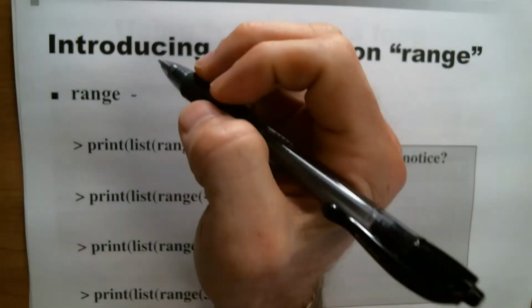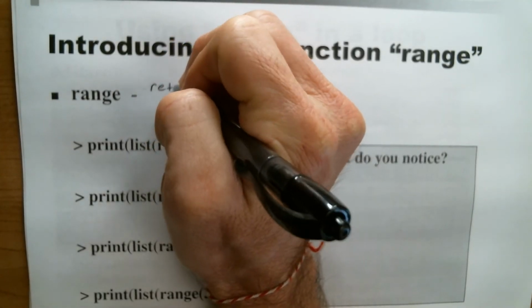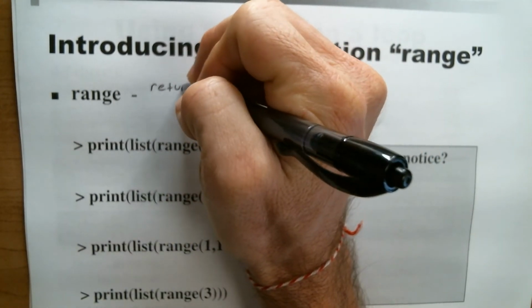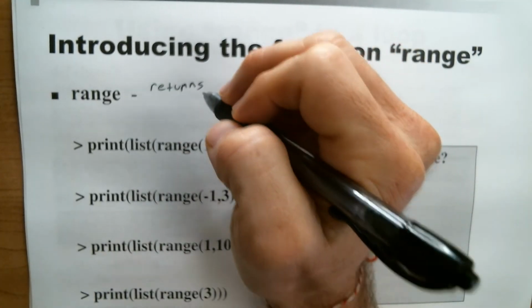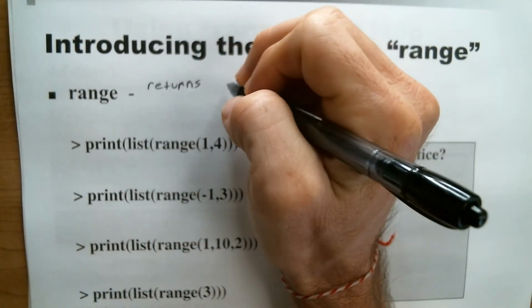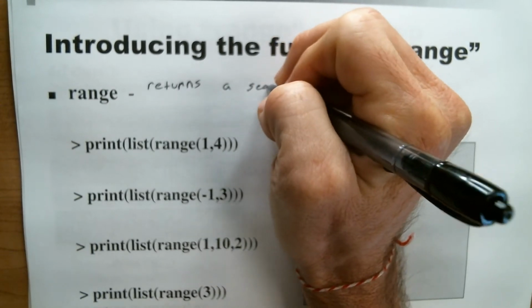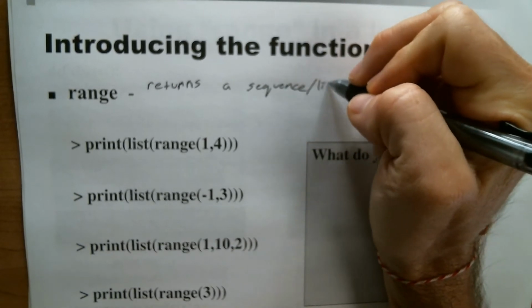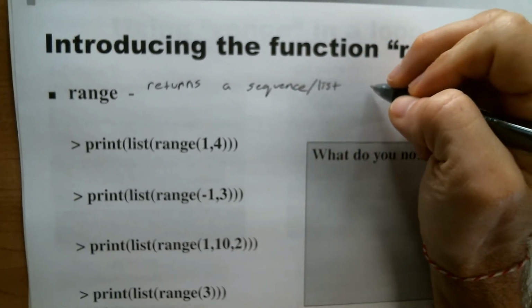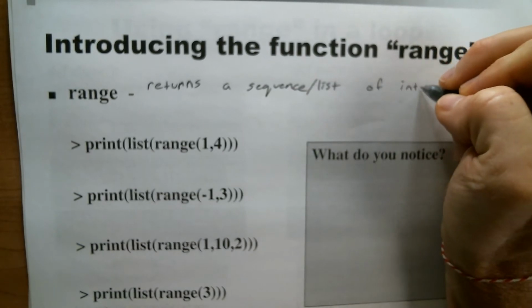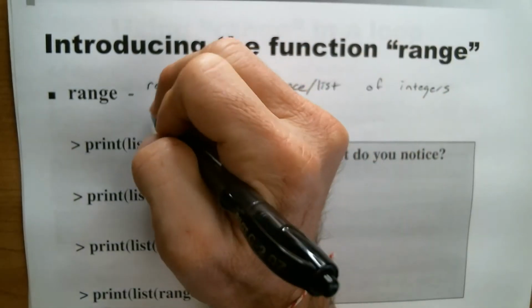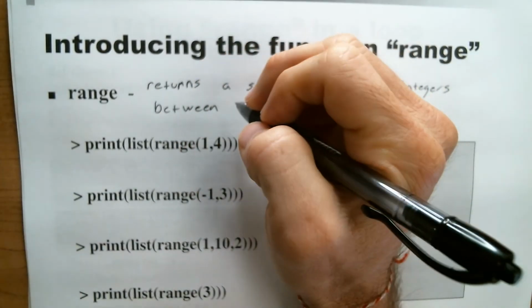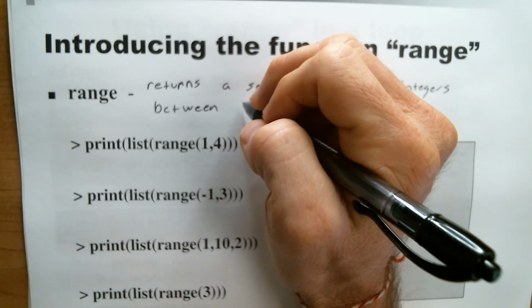Range returns a sequence, or I'm also going to use the word list, of integers between two values.